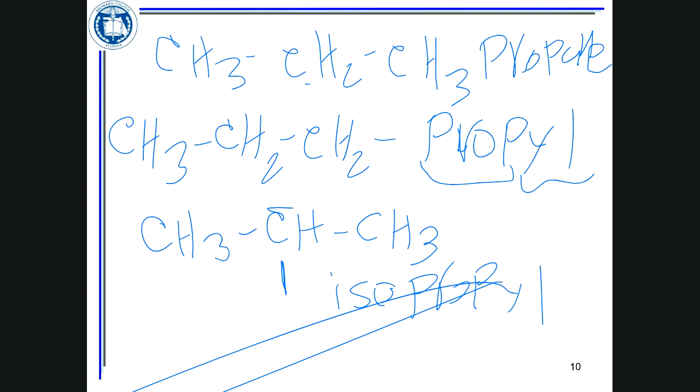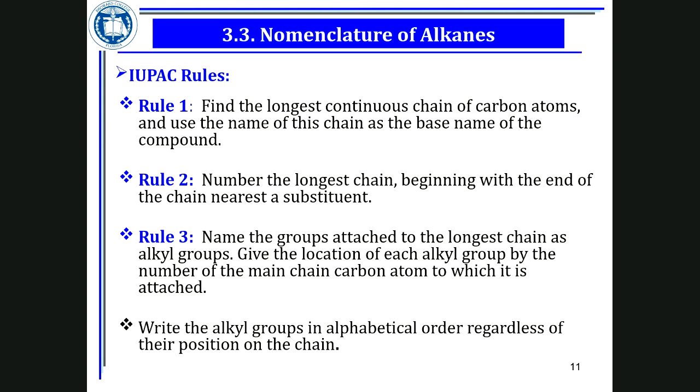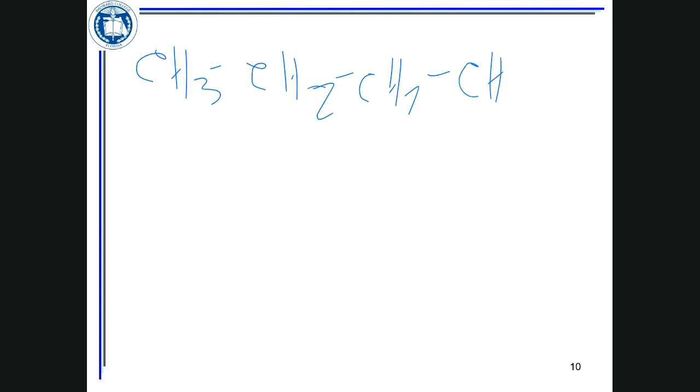What about a 4 carbon branch? With a 4 carbon branch, you're going to have CH3, CH2, CH2, CH2. If it's attached from this end, it's going to be butyl.